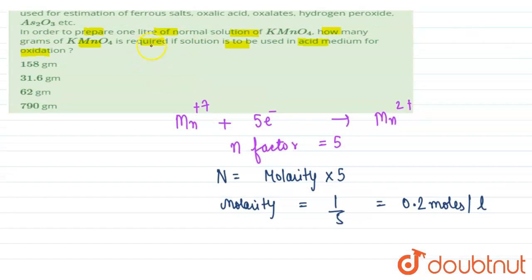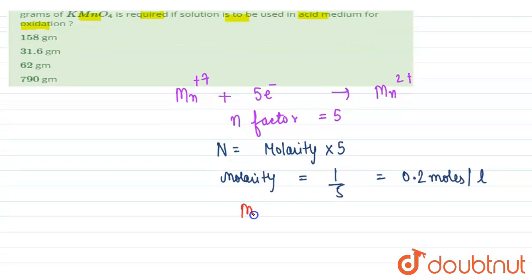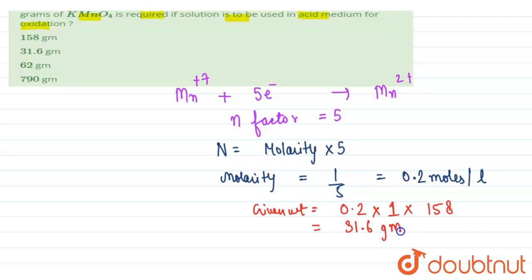We have been provided the solution volume is 1 liter, so we have to find the given weight. The given weight will be molarity into volume into the molecular weight, that is 158. When we do this multiplication, our answer comes out to be 31.6 grams.